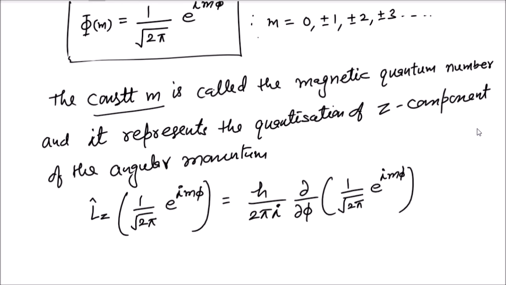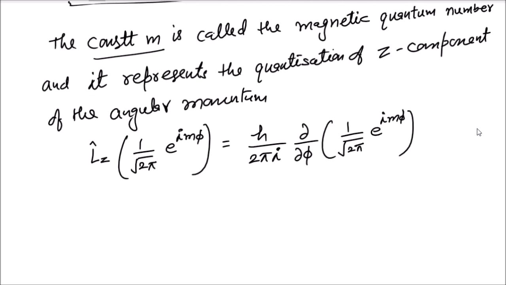So when it is differentiated, what do we get? h/2 pi iota remains as such, into 1/√2 pi, and the differentiation of e raised to power iota m phi gives iota m into e raised to power iota m phi.